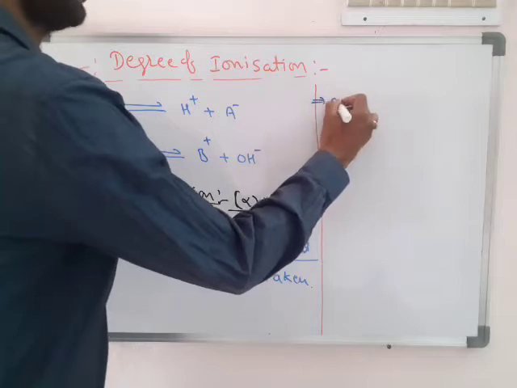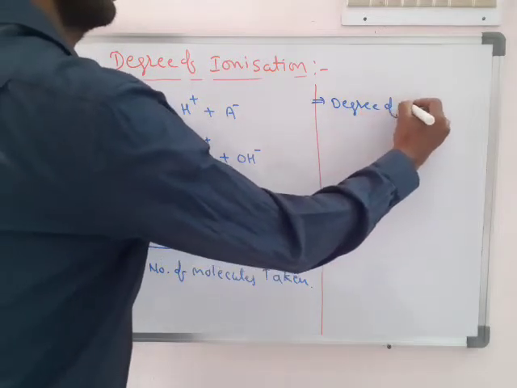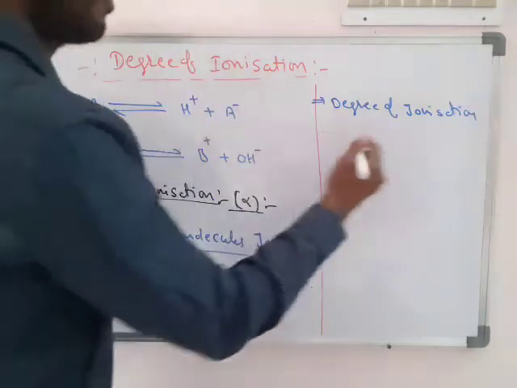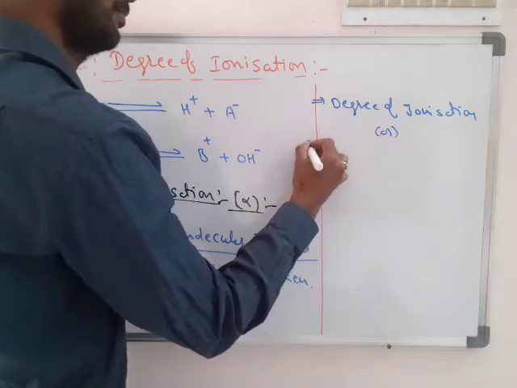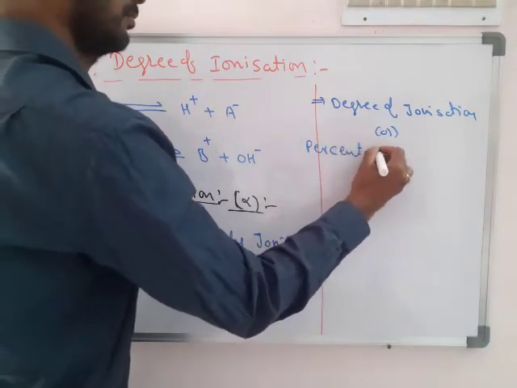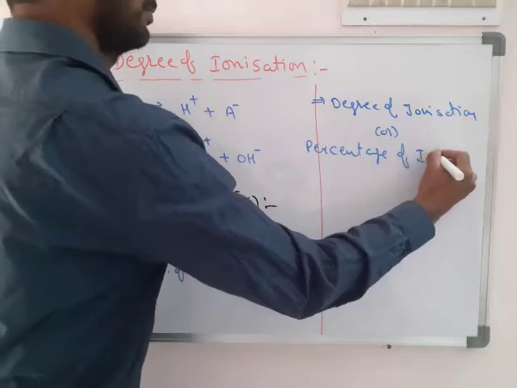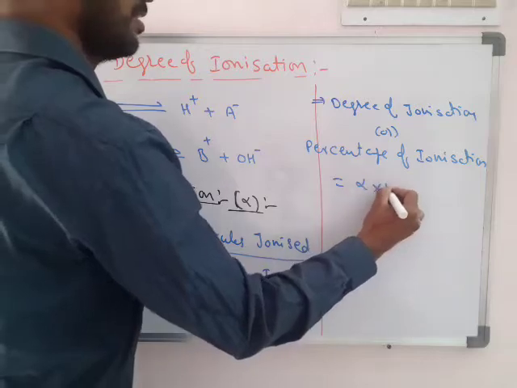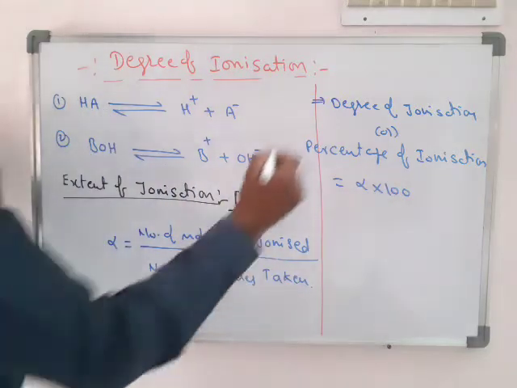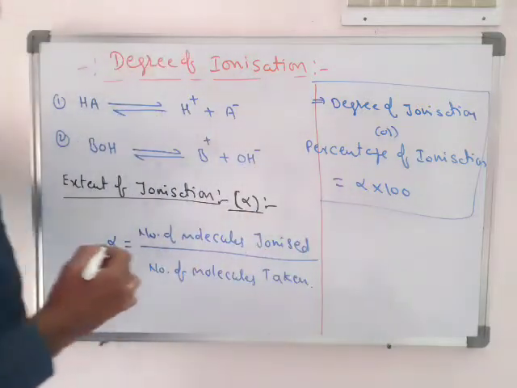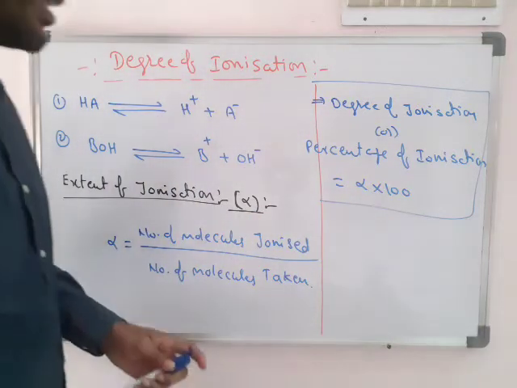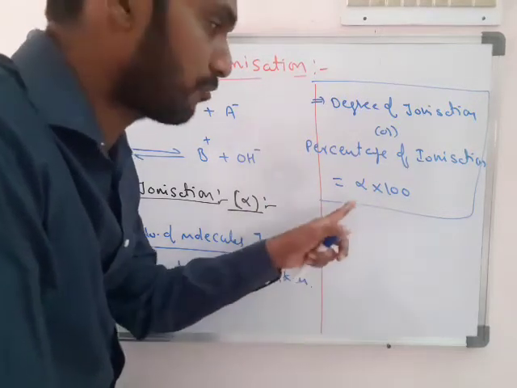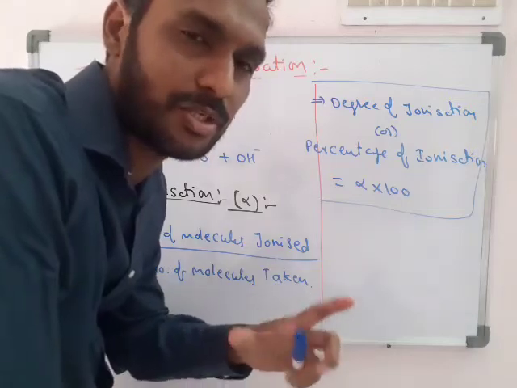So remember this as an important formula: degree of ionization, or percentage of ionization, is alpha into 100, where alpha means extent of ionization.